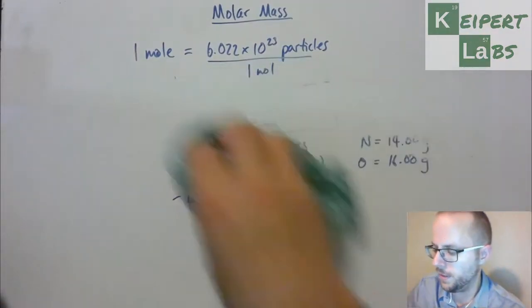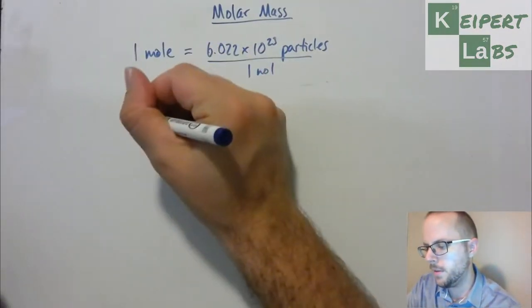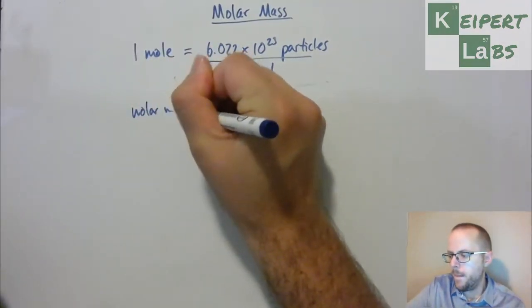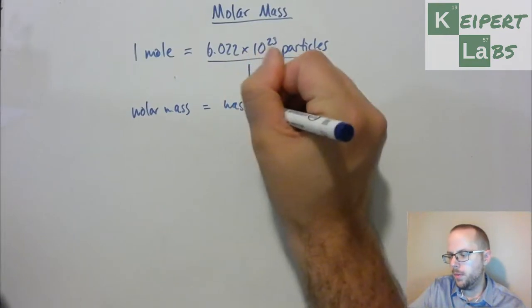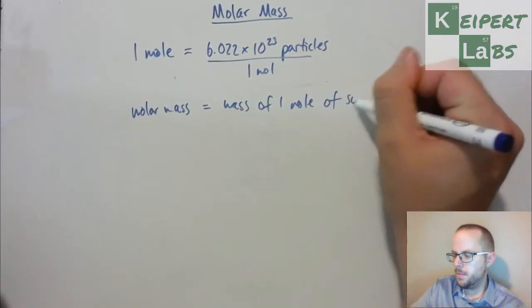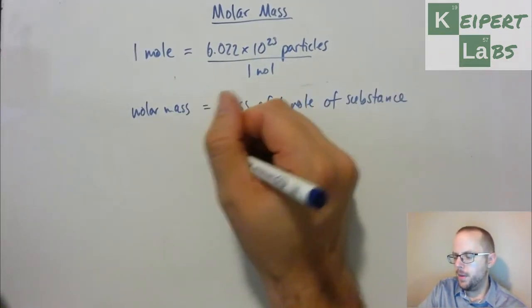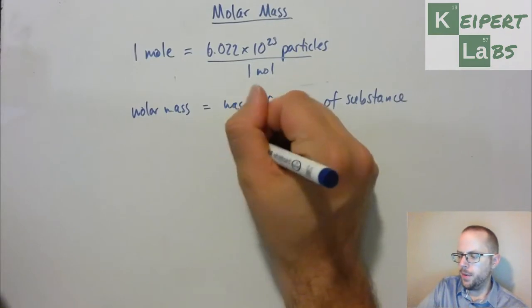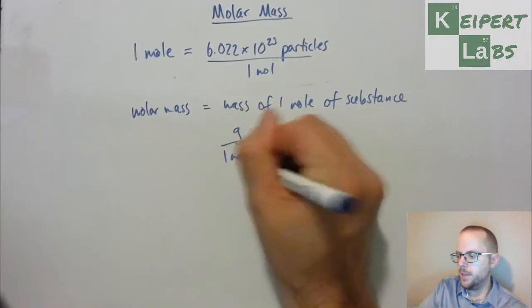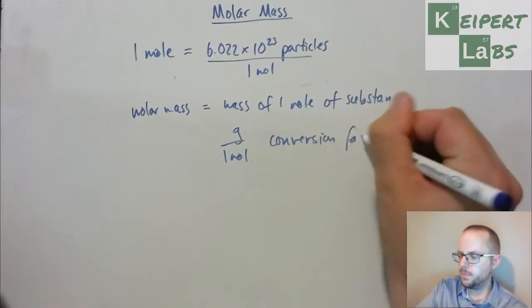So let's clean this up and set down some boundaries here. Molar mass is the mass of 1 mole of the substance, and it has units of a certain number of grams for every 1 mole. This means we can set it up as a conversion factor.